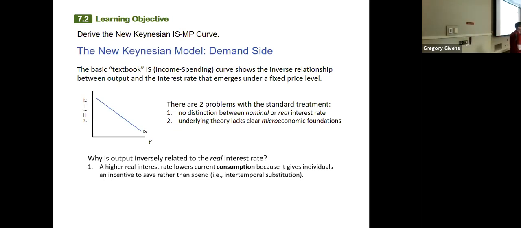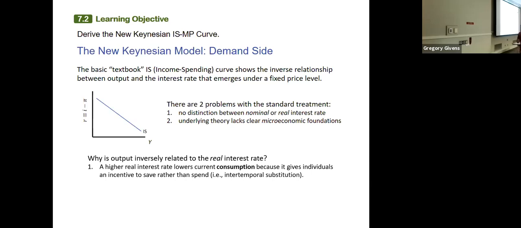A higher real interest rate should lower current consumption to the extent that people have an incentive to save more in order to take advantage of the higher real interest rate. As long as that substitution effect dominates people's income effects, a higher real interest rate will cause people to substitute away from current consumption in favor of future consumption, that is, current savings.